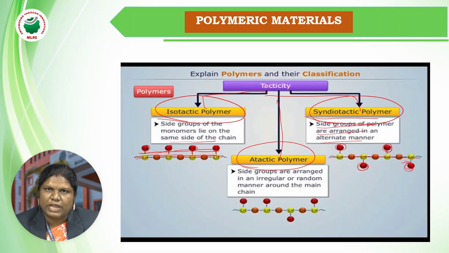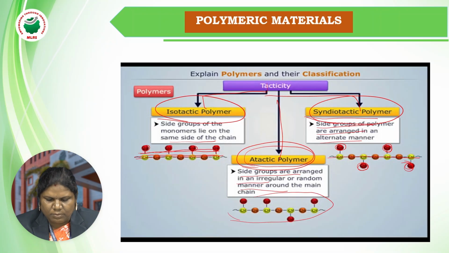These are called the syndiotactic polymers. Coming to the atactic polymers, the side groups are arranged in an irregular or random manner around the main chain. Here you can see the example. This is the main chain polymer. Here the side groups are arranged randomly. This is called the atactic.